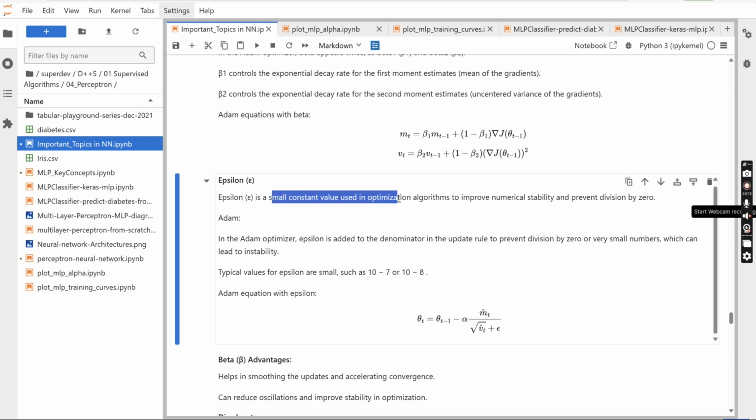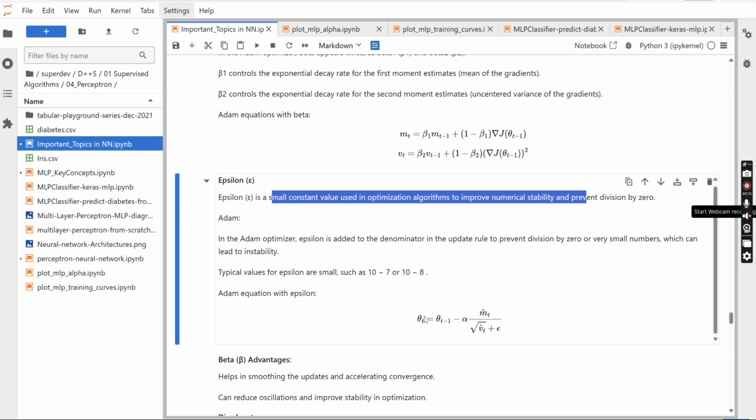Epsilon is a small constant value that you use in the optimization algorithm. Why do we use this? We use this to avoid a zero division error. Theta is the weight. You are modifying the weight from the previous one by subtracting alpha, your learning rate, multiplied by an additional term for Adam.